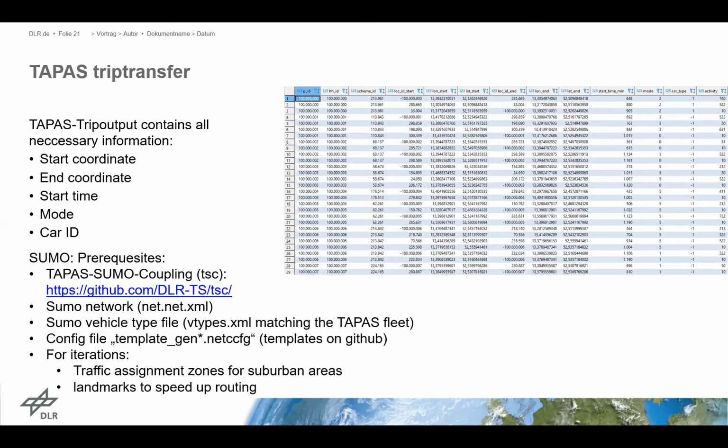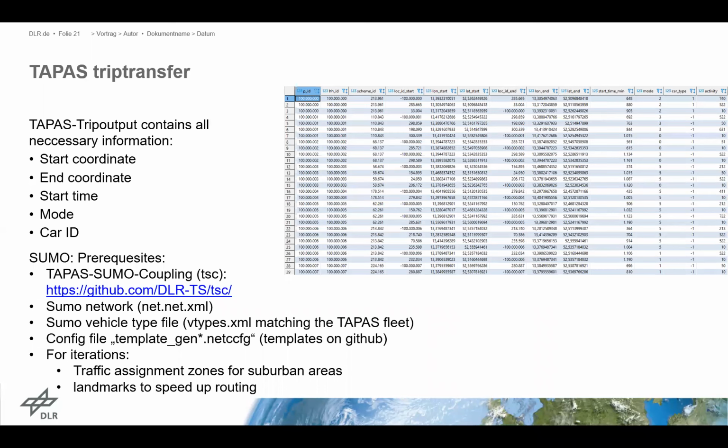Of course, if you want to couple it with SUMO, you need some prerequisites. First of all, you need to check out the TAPAS-SUMO coupling from the DLR TS GitHub site. You need a network, usually the net.net XML file, and you need a vTypes file matching the car types used in TAPAS with the car types used in SUMO.